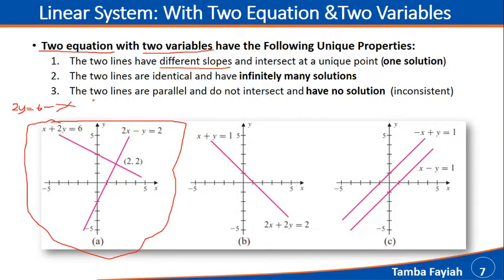If we divide everything by 2, we get y equals 6 divided by 2, which is 3, minus x all over 2.